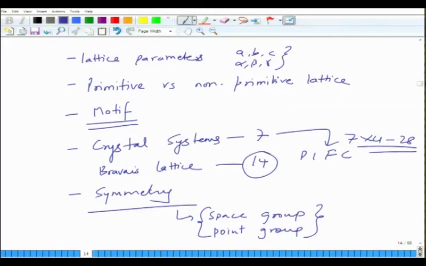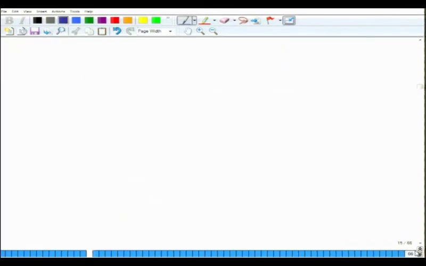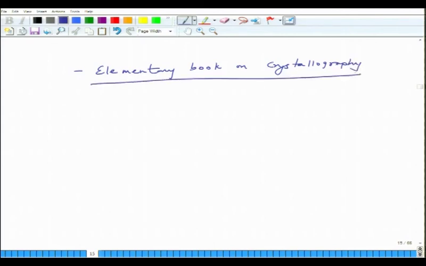It is beyond the scope of this, but if somebody is interested, he or she can look at books which can give more information on space and point groups. Any elementary book on crystallography will give you a knowledge of point groups and space groups.